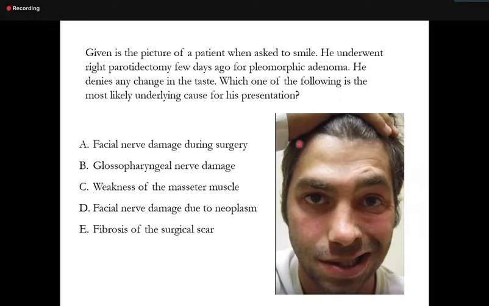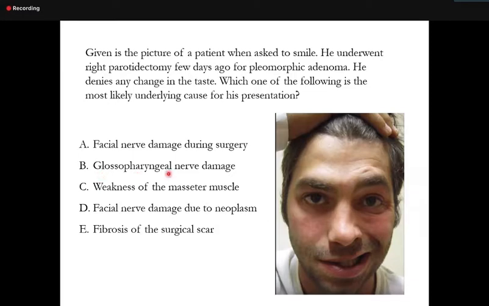Now, damage by a neoplasm can be a possibility if I change this benign tumor with a malignant one, because malignant tumors can invade nerves and destroy nerves. But it is a benign tumor which was present in this patient, so this is a less likely cause. Now, the glossopharyngeal nerve is not related with muscles of facial expression.